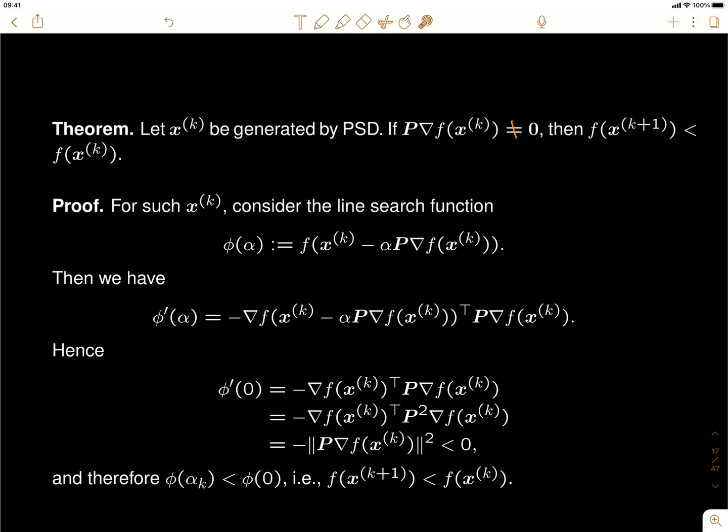Now, remember that this is a row vector. This is a column vector, and take the transpose, it becomes a row vector. This P is a square matrix. This one here is again a column vector because it's a gradient of f at some point. So this is an n-dimensional vector right here.